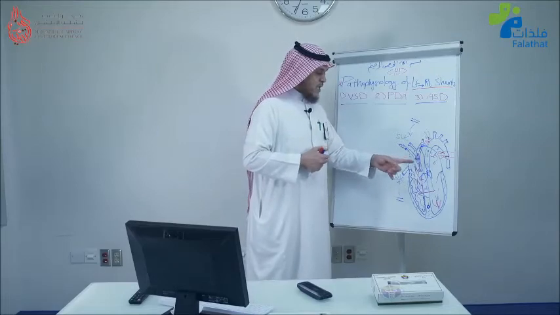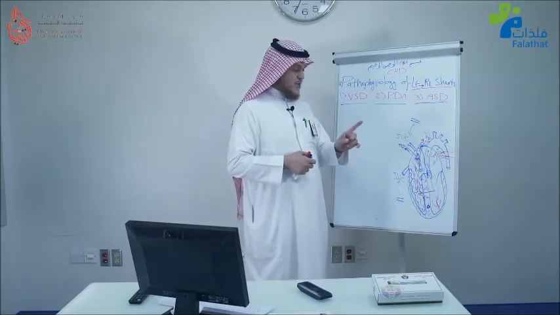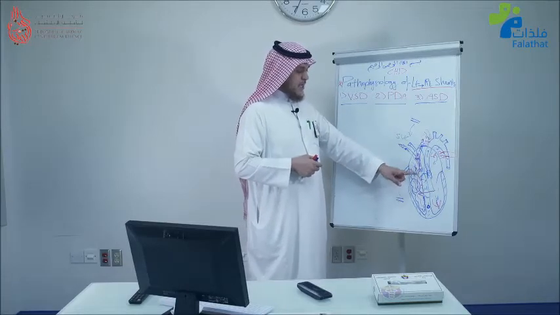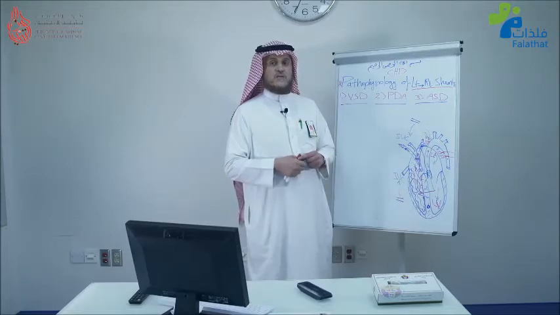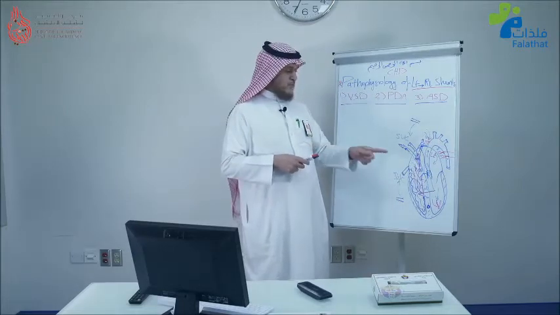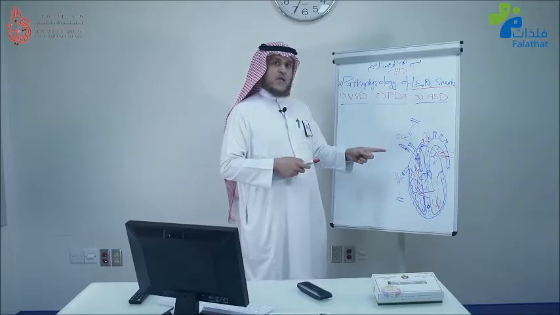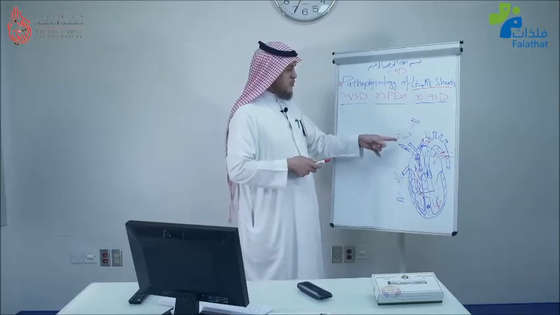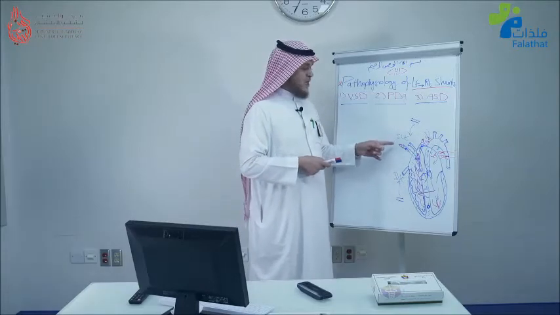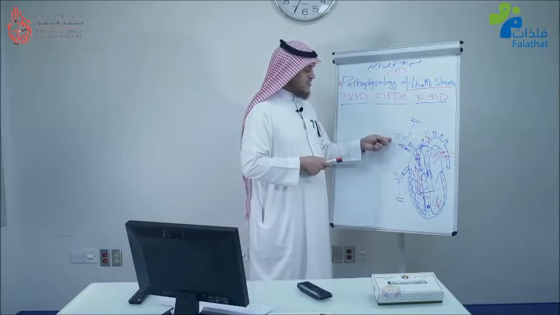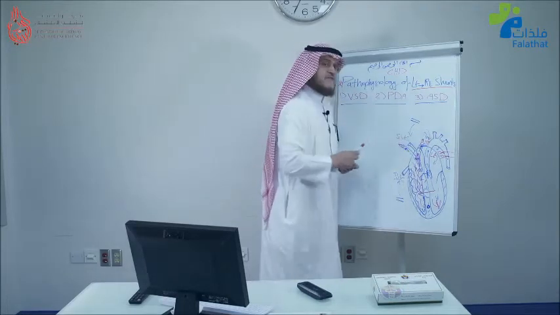Obviously, a VSD can do that if left for a long time, and a shunt from a VSD can actually reverse into a right to left shunt. If the large VSD is not treated for a long time, and then the patient develops pulmonary vascular fixed disease, that will make the vascular resistance in the lungs higher than the vascular resistance in the body.